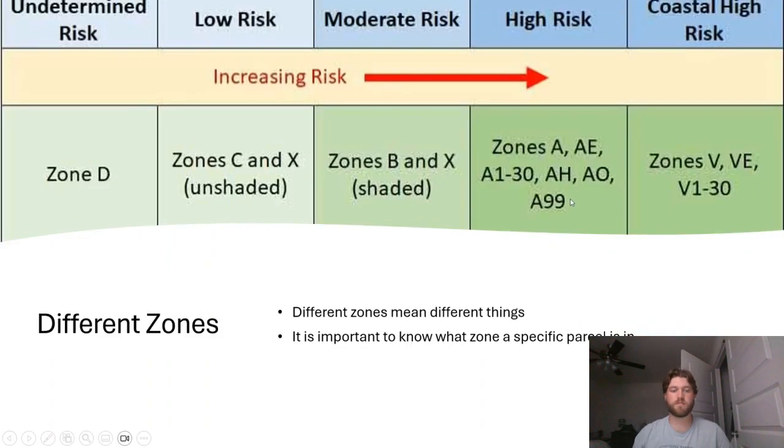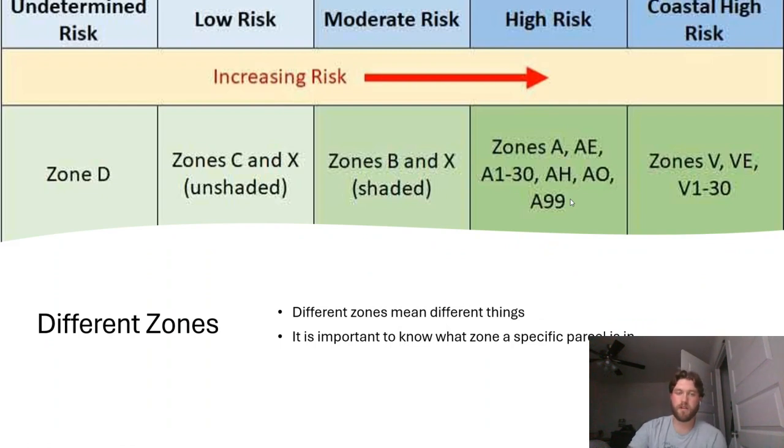So there are different zones when it comes to these FEMA flood maps, and these different zones mean different things, and it is important to know what zone a specific parcel falls in. So, zone D is an undetermined risk. They don't know if it's likely to get flooded or not.